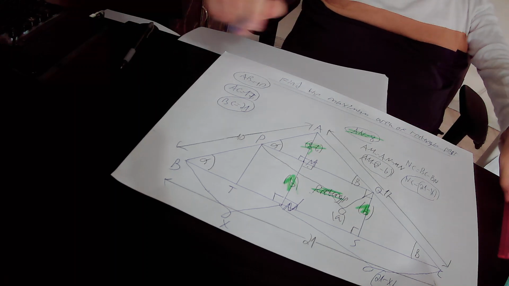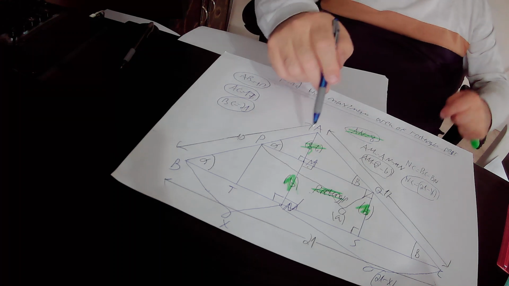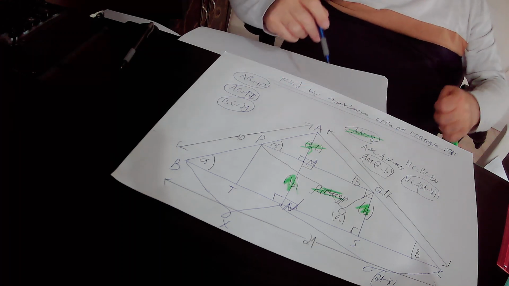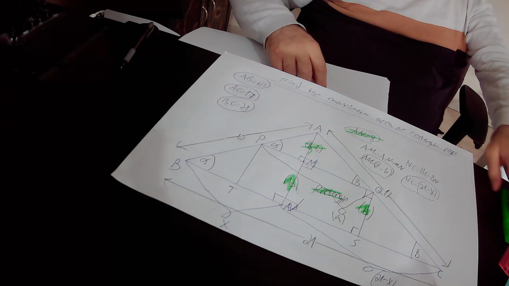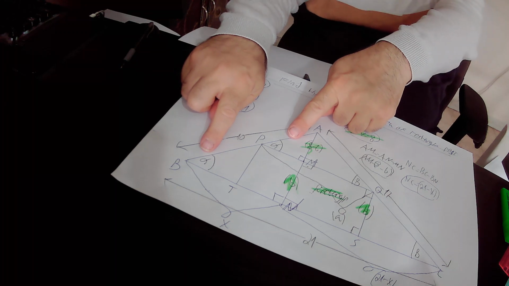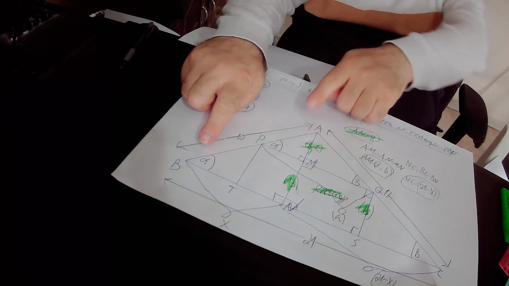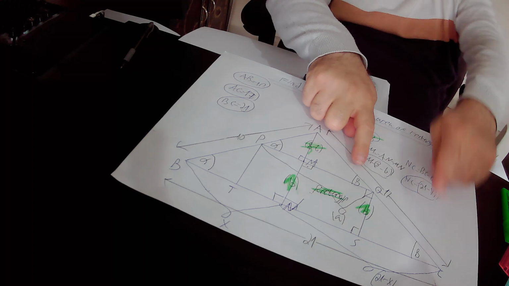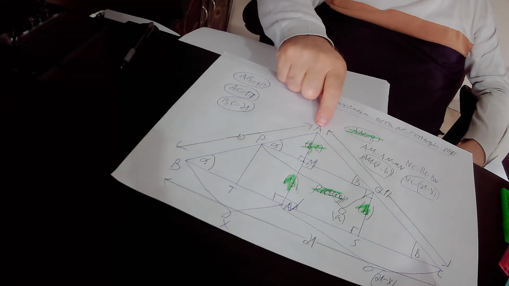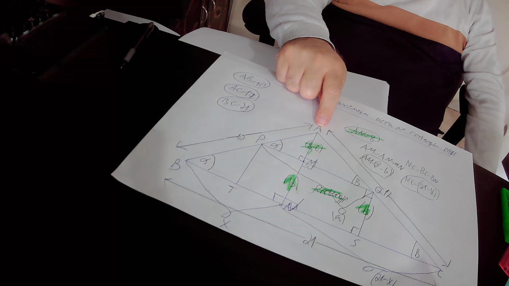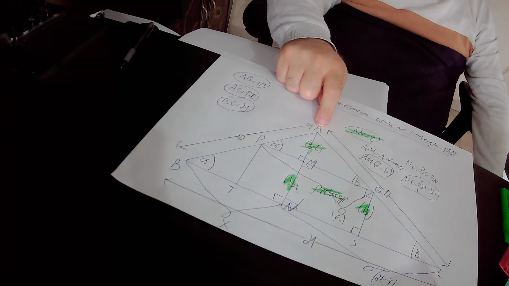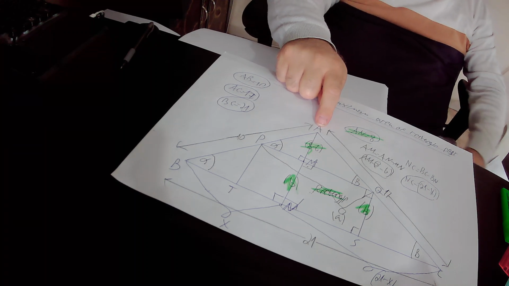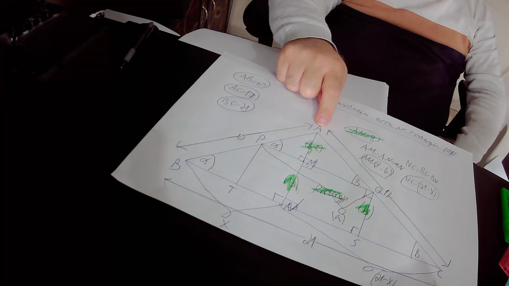First of all, those two angles are both equal to alpha, therefore they are equal to each other. In addition, those two angles are both equal to beta, therefore they are equal to each other. And finally, this angle A is a common angle that belongs to both triangles.